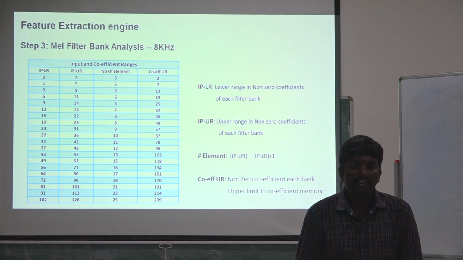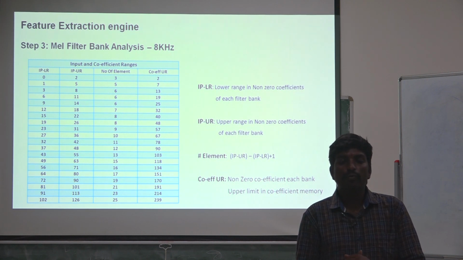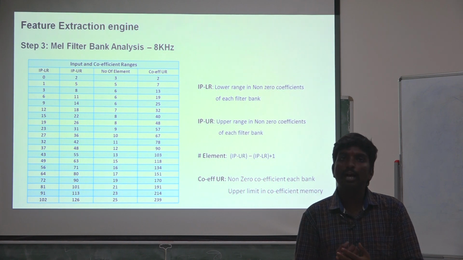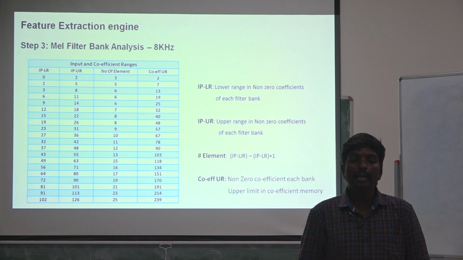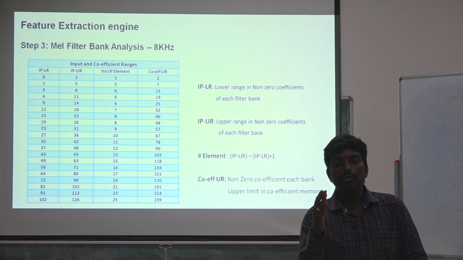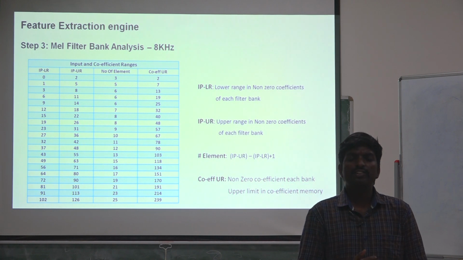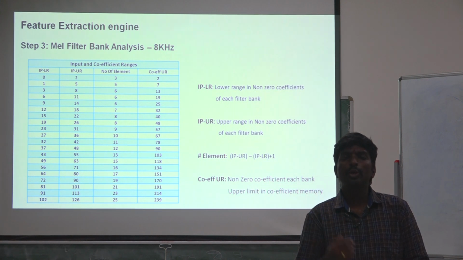It means for the first bank 0, 1, 2, the first position and second position have non-zero elements. Similarly, for the second bank, the first position and the second position are non-zero elements. So between the 0th bank and the first bank, the first and second positions have non-zero elements.